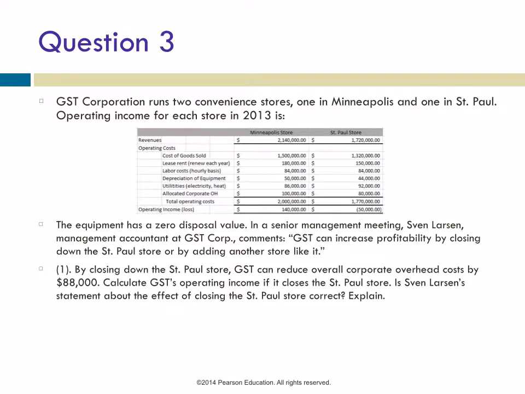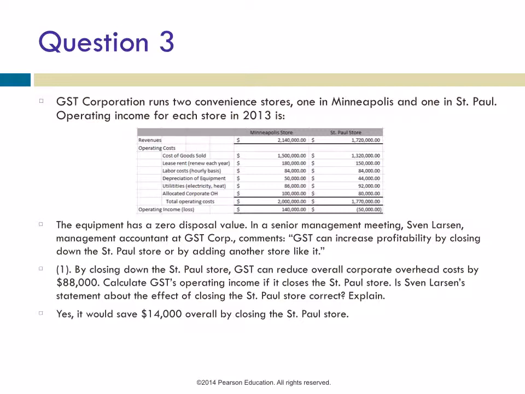Okay, so would that end up increasing profitability? If you net out all of these, you would have to take away the revenue that you would lose, and then add back in all the costs that you save. So you'd basically start with negative 1,720,000 because that's the revenue you lost.